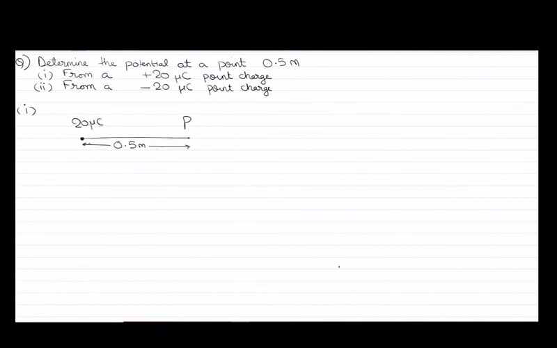I simply apply the formula we have studied: V equals K Q upon R. Solving it, 4 into 9 gives 36 into 10 to the power 9 plus 1, 10, and 10 minus 6 is 4.